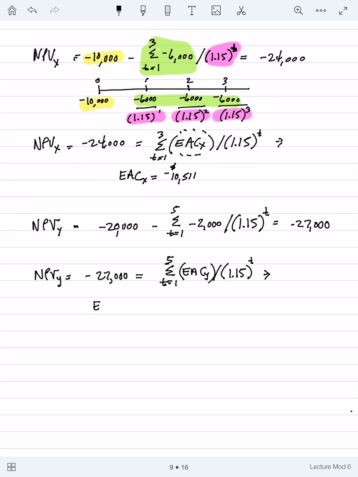So the equivalent annuity cost of project Y is an outflow of 8,055. And so now I see the annual outlay at the end of each year for 5 years. This is what's generating the same net present value as the actual cash flows for the project.